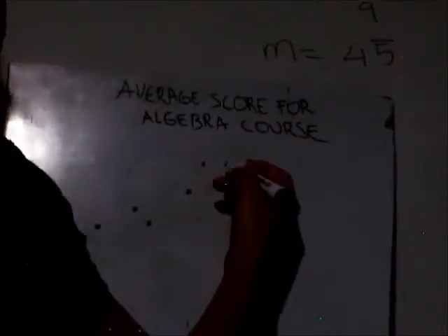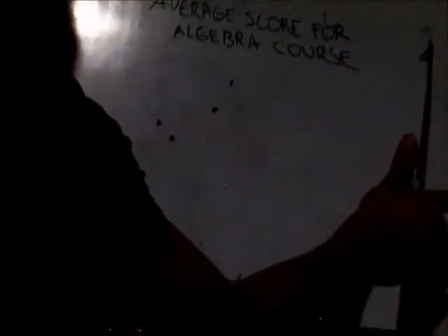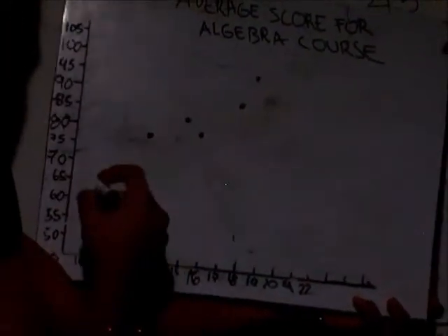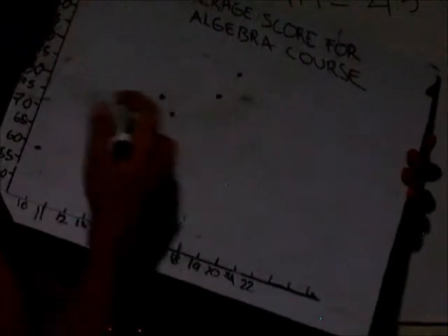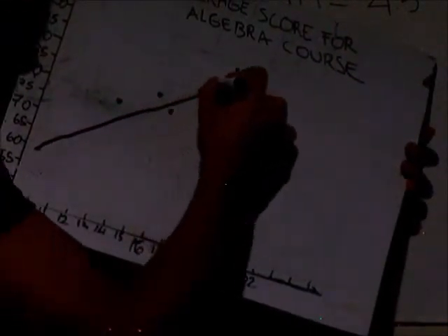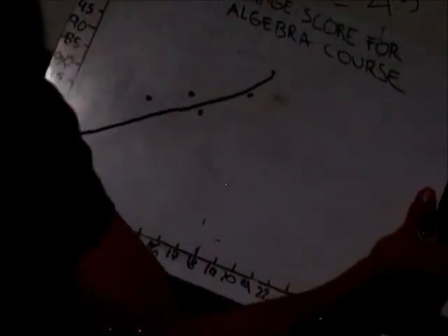Now we're going to graph the line that will help us do the equation. As I said, from the first point to the point that crosses all the points. So it's better from here up to here, and we will do all the process again. We're going to use the formula y is equal to mx plus b.